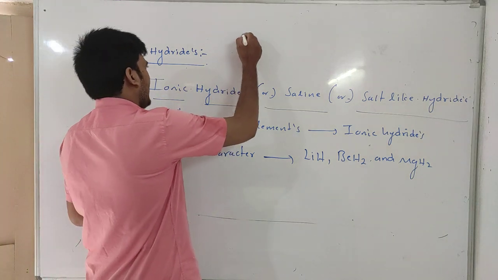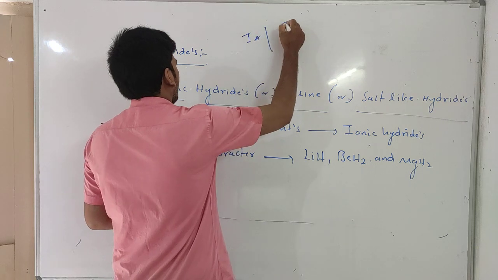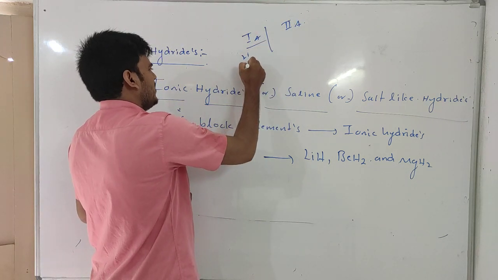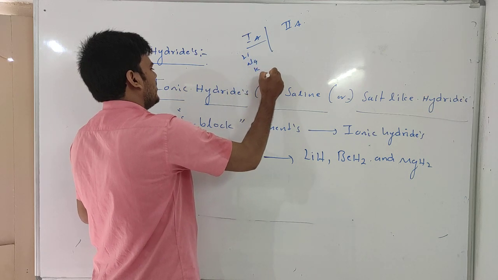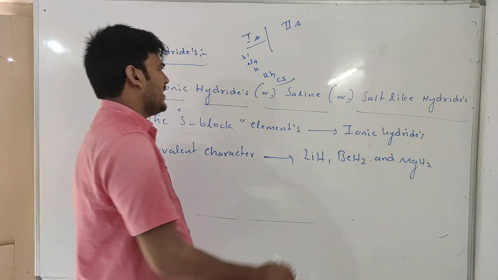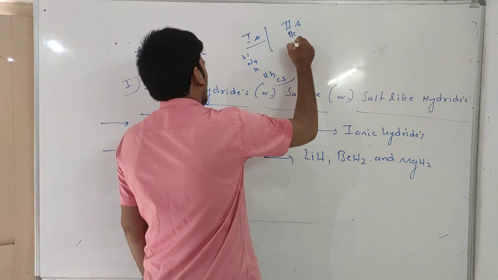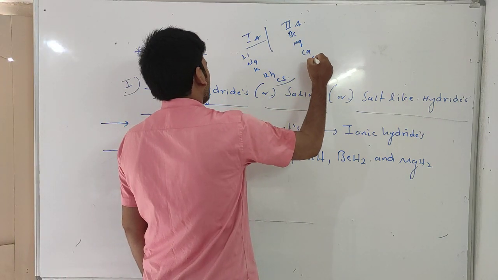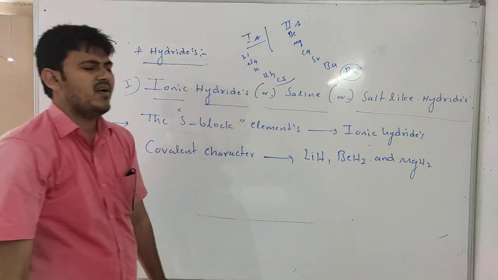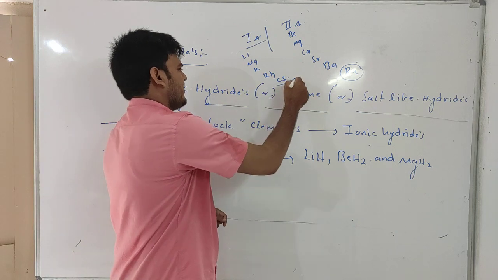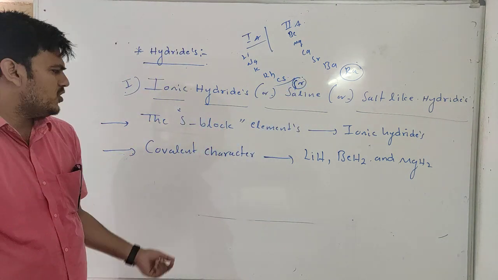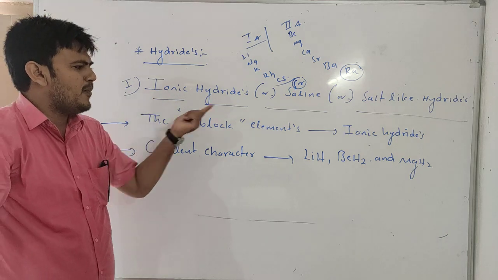S block means first A and second A group elements. First A group elements are lithium, sodium, potassium, rubidium, cesium, and francium. Francium is a radioactive element. Second A group elements: beryllium, magnesium, calcium, strontium, barium, and radium. Radium is a radioactive element. Okay, so the S block elements form ionic hydrides.